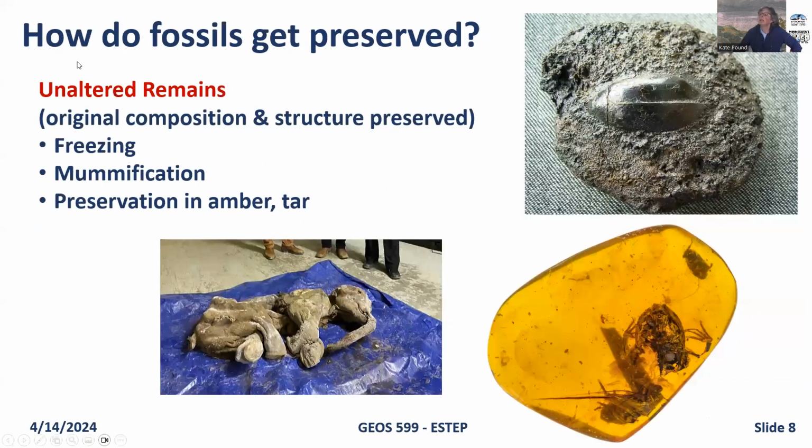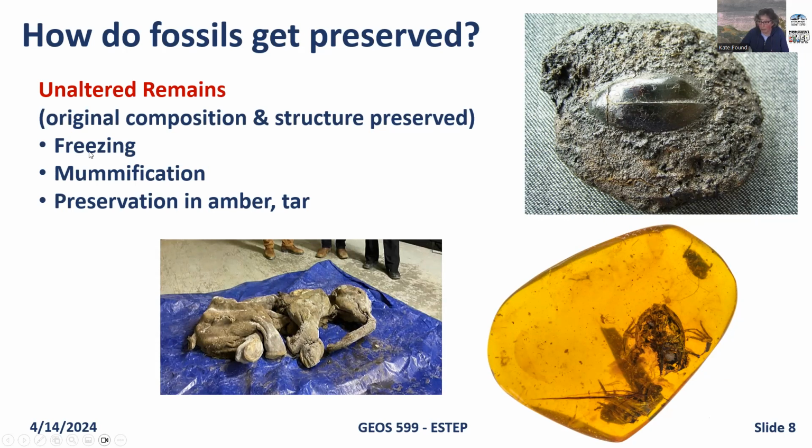Now, next, let's think about how fossils get preserved. We can divide this into 2 groupings, unaltered remains and altered remains. So essentially, if we see unaltered remains, what we're saying is that the original composition and structure is preserved. For the most part, this is something we see in fossils from the Cenozoic.